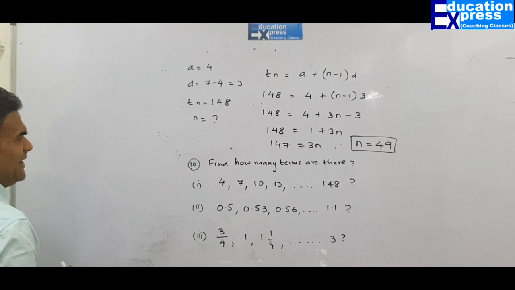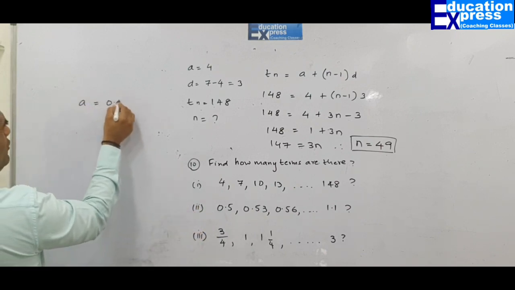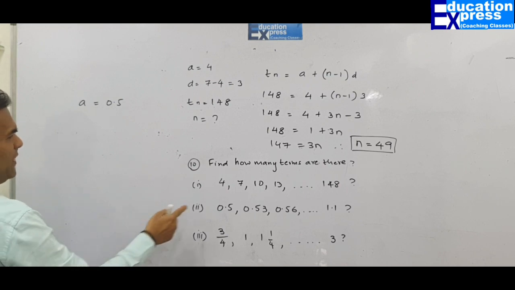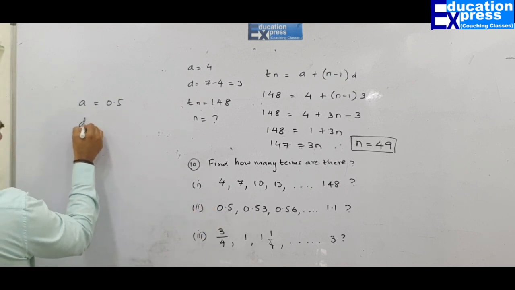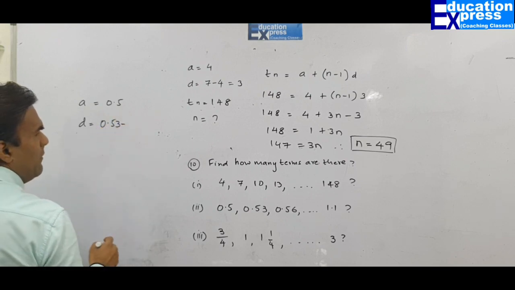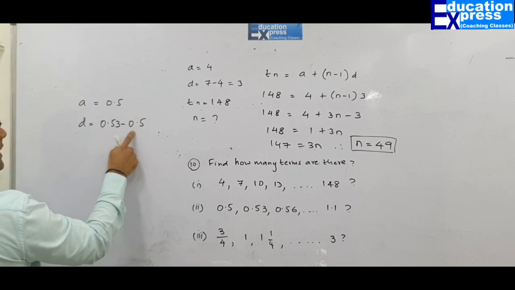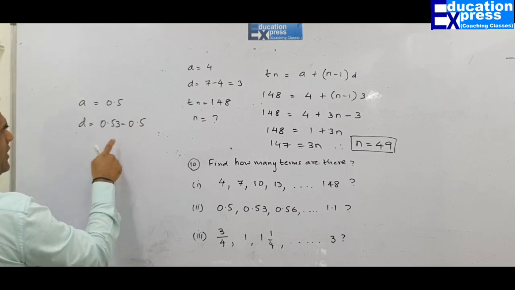Sir, but this is in decimal. Can you do this, sir? Alright. As I told you, never get scared. Follow the same rhythm. A is the first term. D is the difference, which is 0.53 minus 0.5. Chances are that people may make a mistake here in haste.